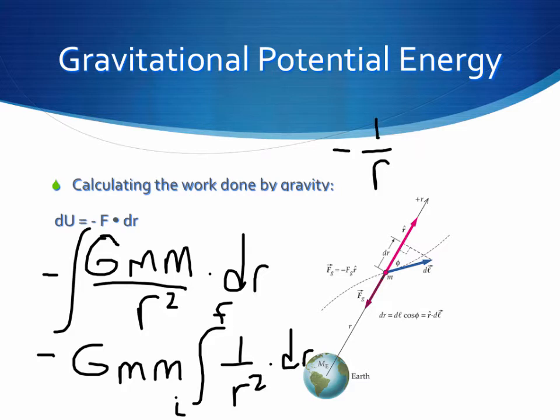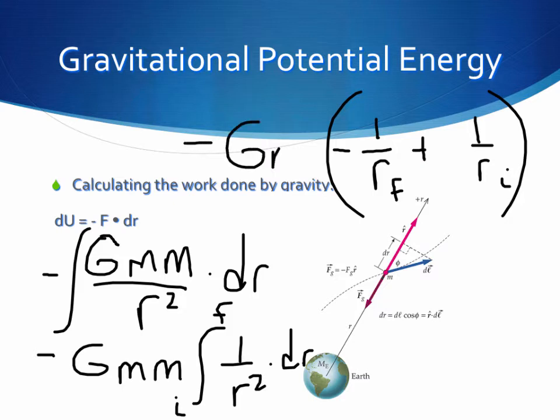We're going to evaluate our two bounds with a negative 1 over r. So I'm going to put r final in for my first bound, minus the negative 1 over r for our initial location. And remember, minus and minus is going to give us a plus. So there are my limits of integration. I'm going to multiply that by the constant, which is negative G, mass 1 and mass 2.